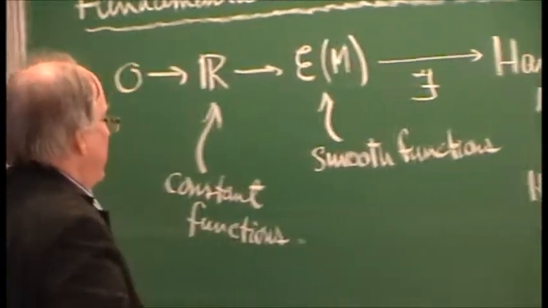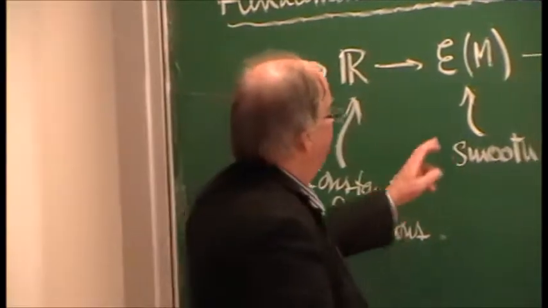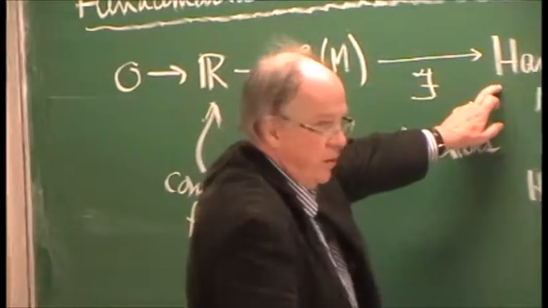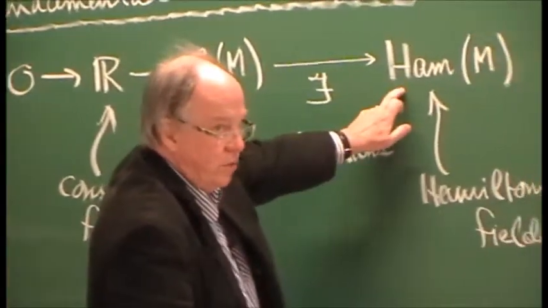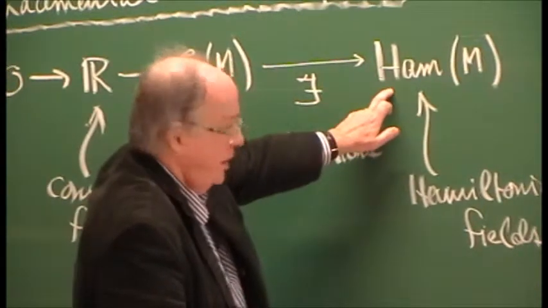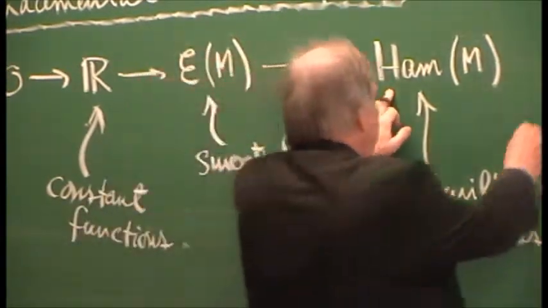The way I've set this up, this is not going to be the image of this map. You're not going to get all these so-called Hamiltonian fields in the image. There will be a topological obstruction.